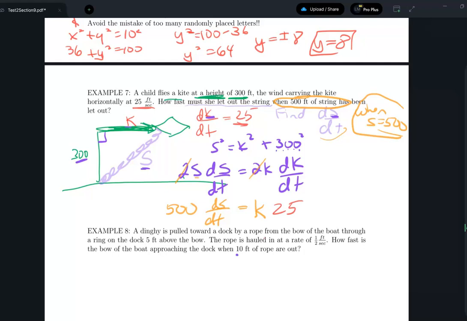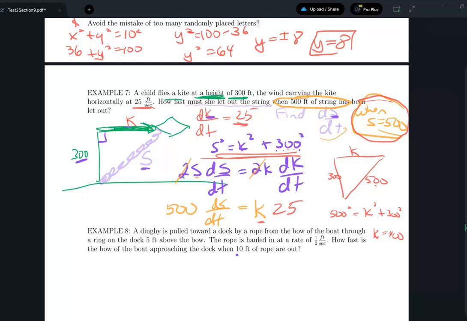So this is where I go back to the original. I plug the when information into the original equation. You can do it by picture or just by putting it into the equation. So if I was to find K, with 300 and that's 500, I could put it in here, right? Or I can think about putting it into here, so that I would get 500 squared is equal to K squared plus 300 squared. And it turns out that K squared is 400 squared, so K is 400.